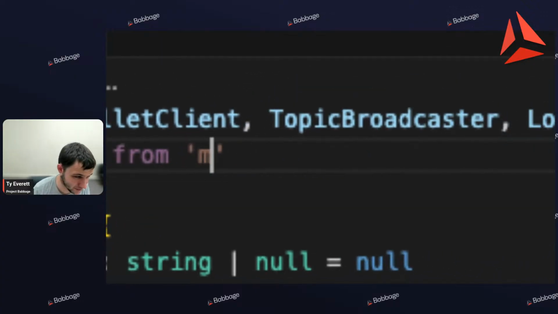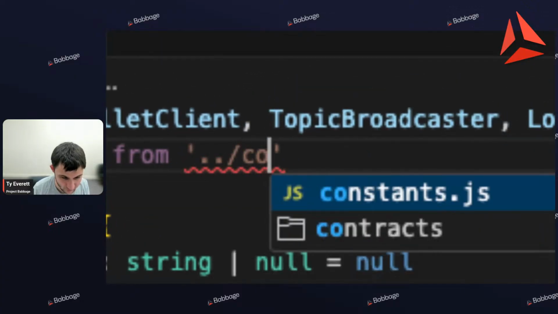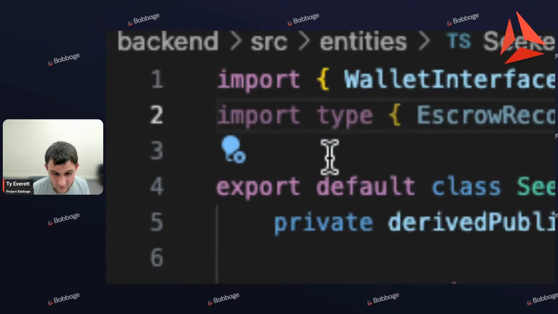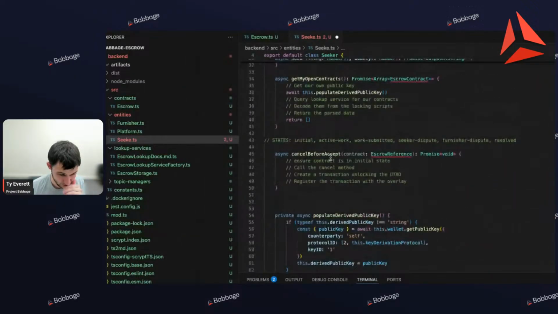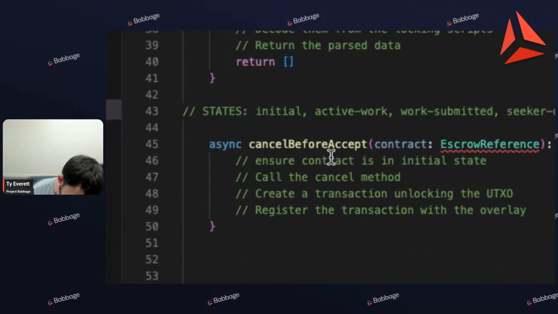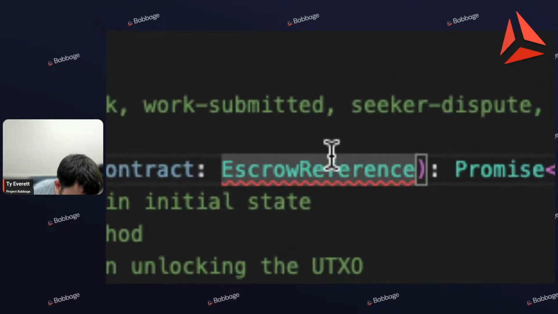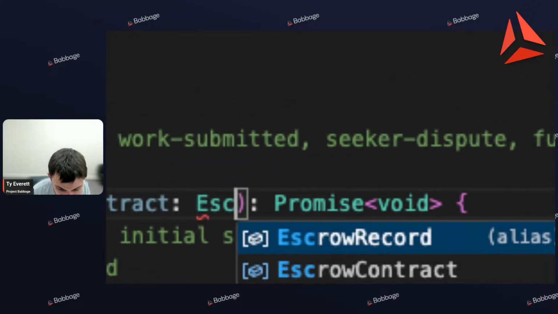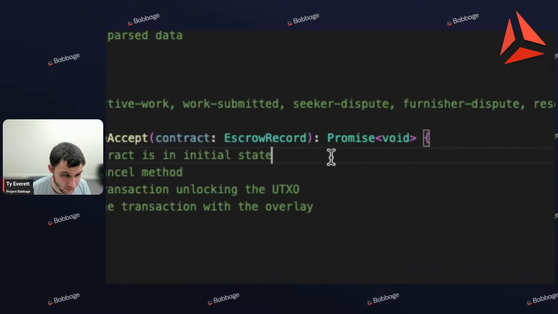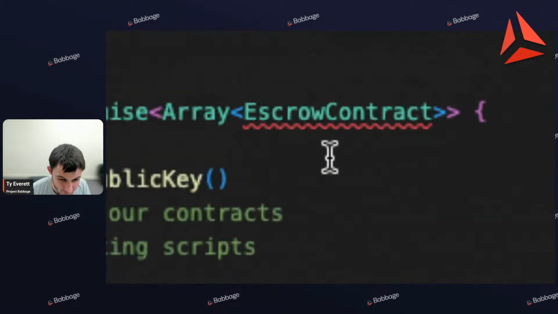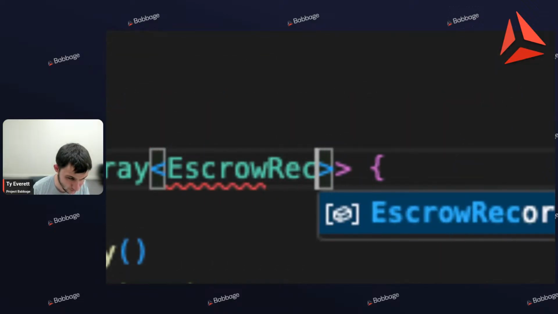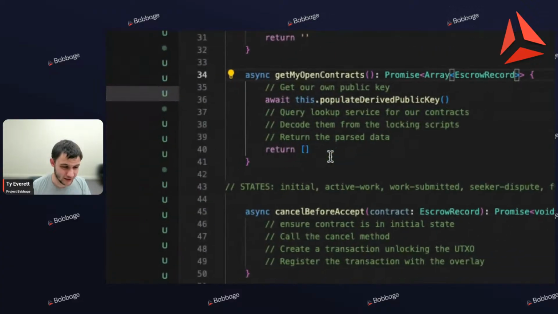Not from that, but from that. So what I'm really dealing with here are records. So we got the record of an escrow contract. So we build that up, right?